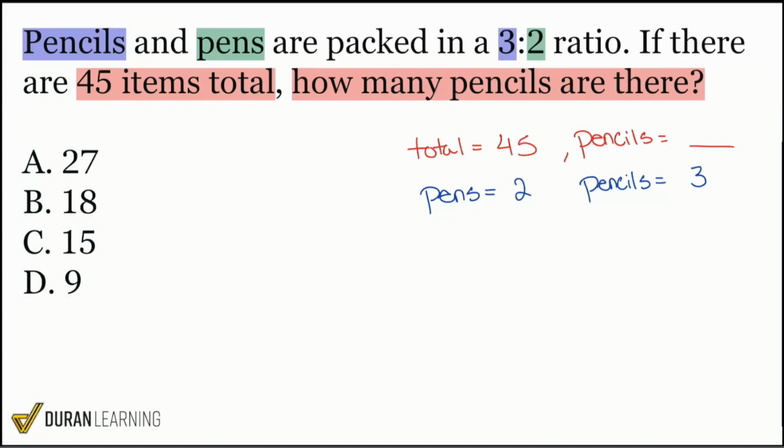Because although we have pencils as the second idea here, as the second item, the first item that we're comparing over here is the total number of items. The item that we're comparing here is pens. So we cannot, in good faith, we can't say that total to pencils is the same as pens to pencils.